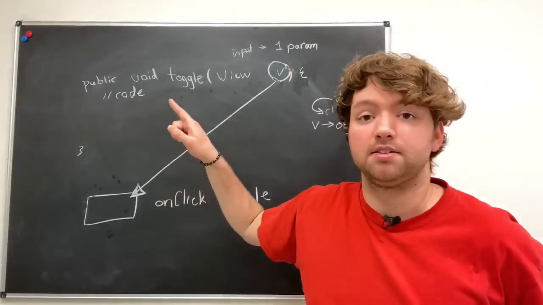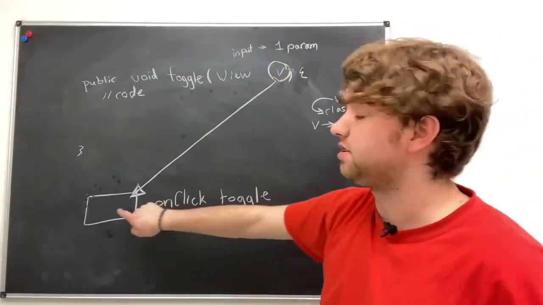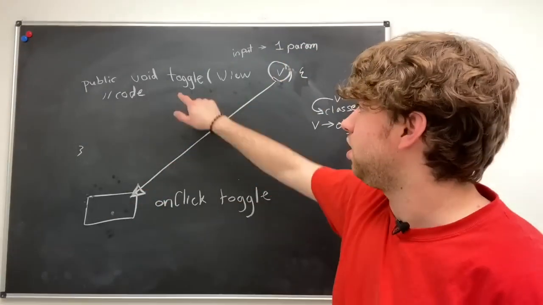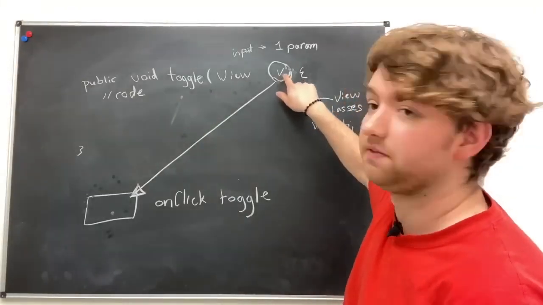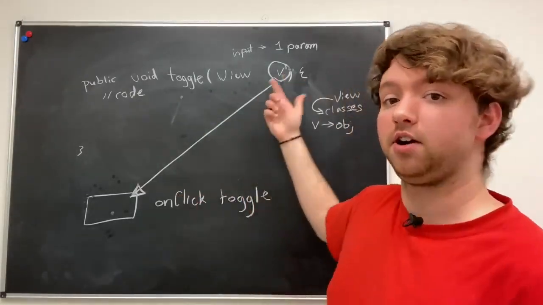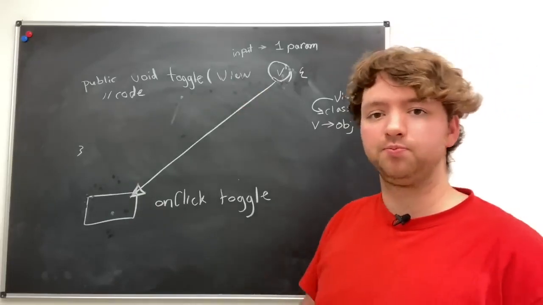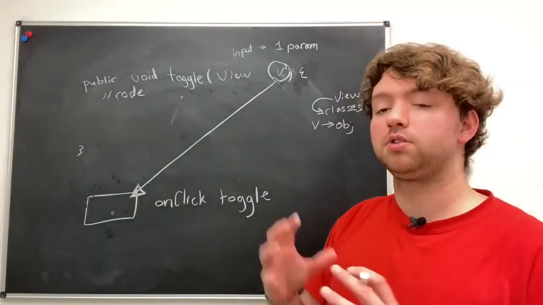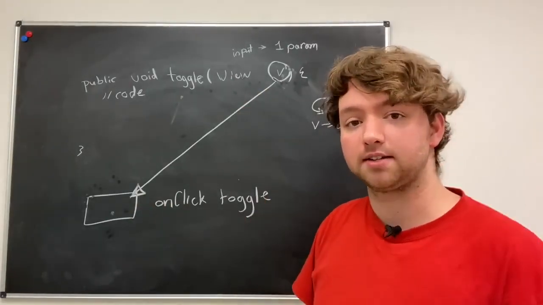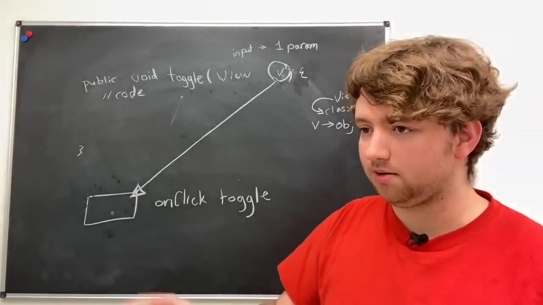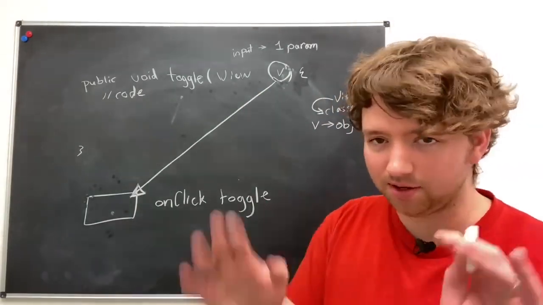So that means we can work with this button in code through this variable V, and the variable's type is of view. So that's a lot of information. We're going to go through a hands-on example of this in the next episode, so don't quit yet. Not yet. Wait till like after next episode, then you can quit.